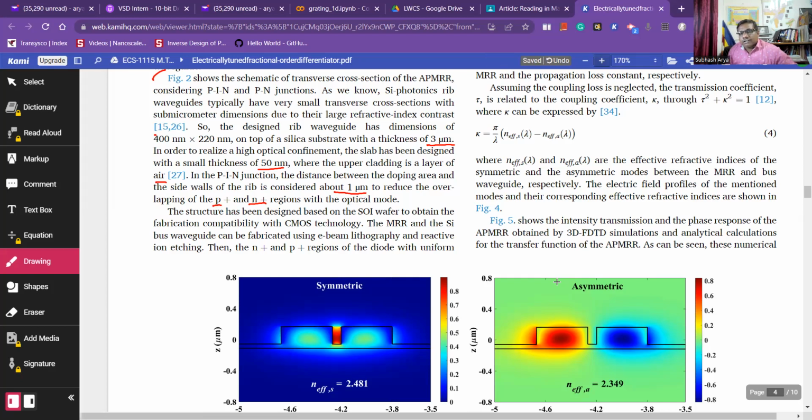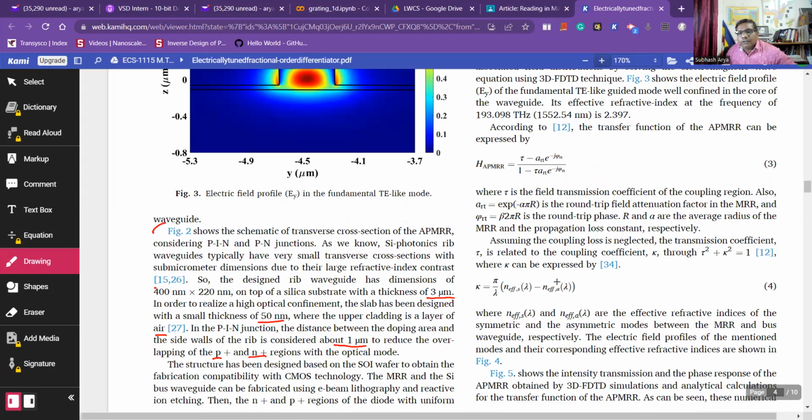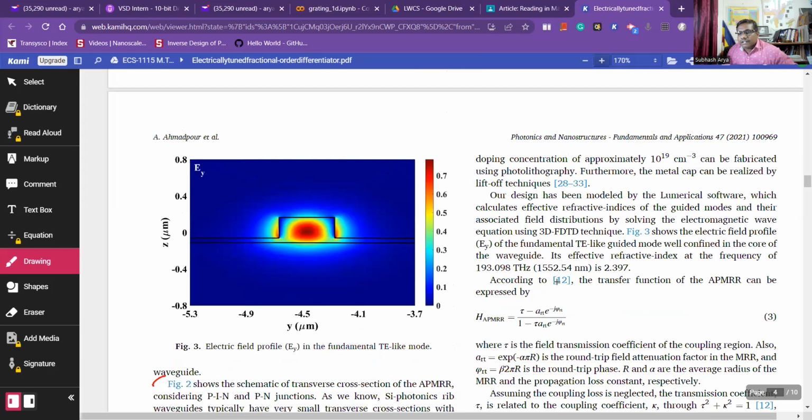The micro-ring resonator and the silicon bus waveguide can be fabricated using electron beam lithography and reactive ion etching. Then the N plus and P plus regions of the diode with uniform doping concentration of approximately 10 to the power 19 per centimeter cube can be fabricated using photolithography. Furthermore, the metal contact can be realized by lift-off techniques.